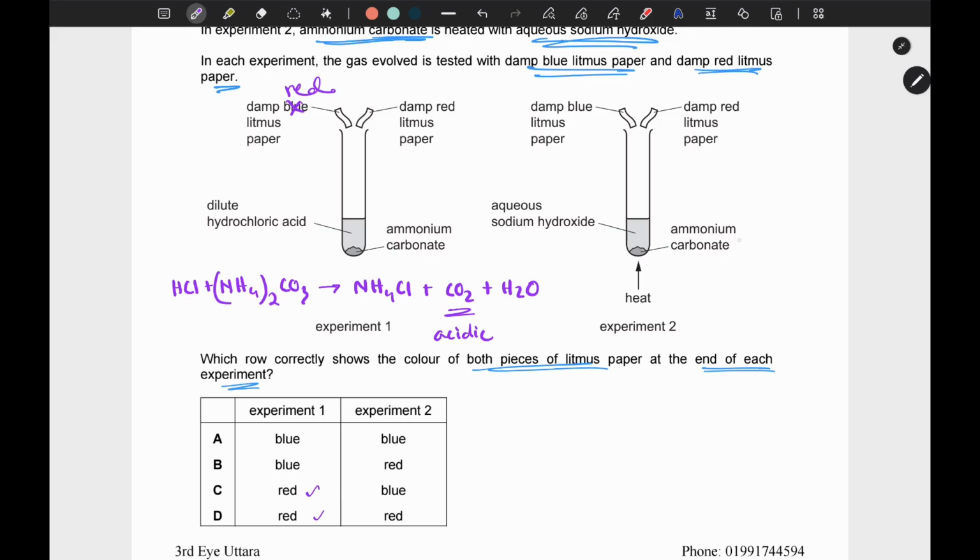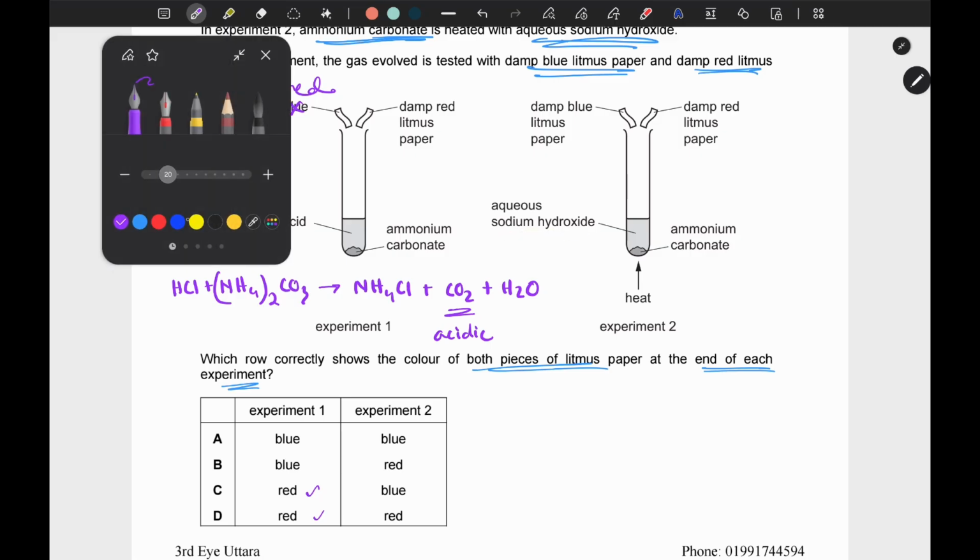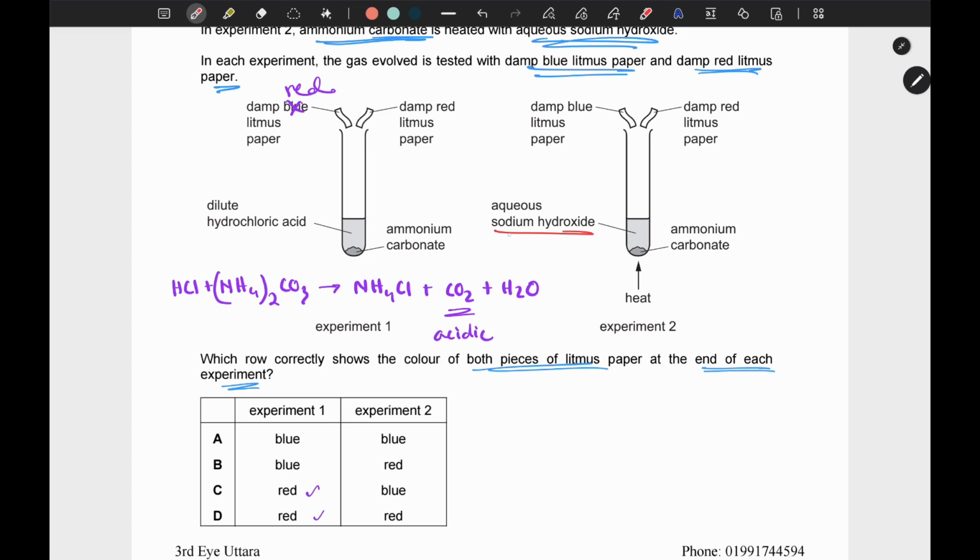And for experiment 2, sodium hydroxide, an alkali, is reacting with an ammonium salt, and when alkalis react with ammonium salt, they displace the ammonia. So what they end up producing is NaOH plus (NH4)2CO3.